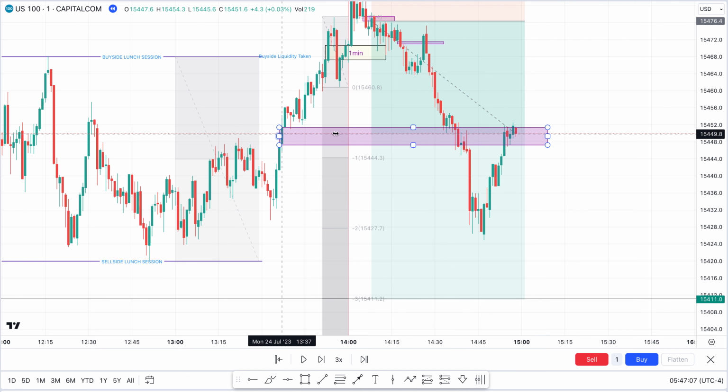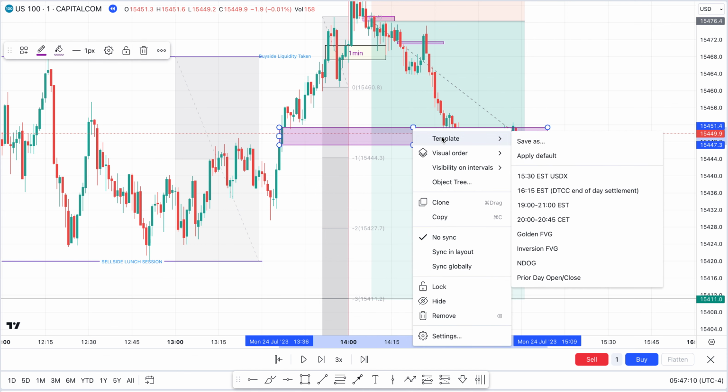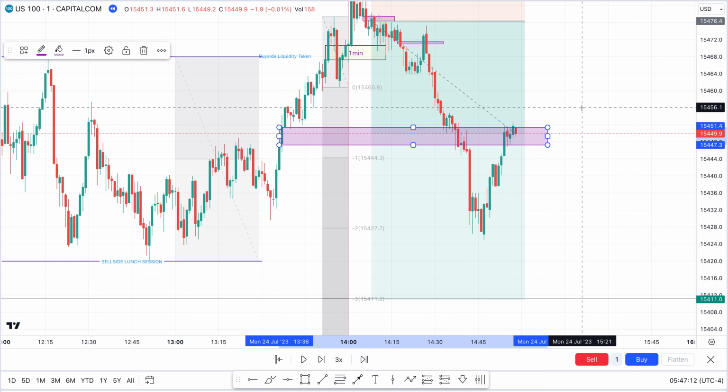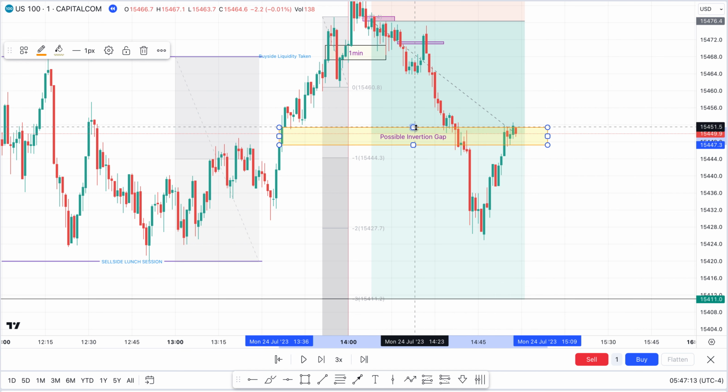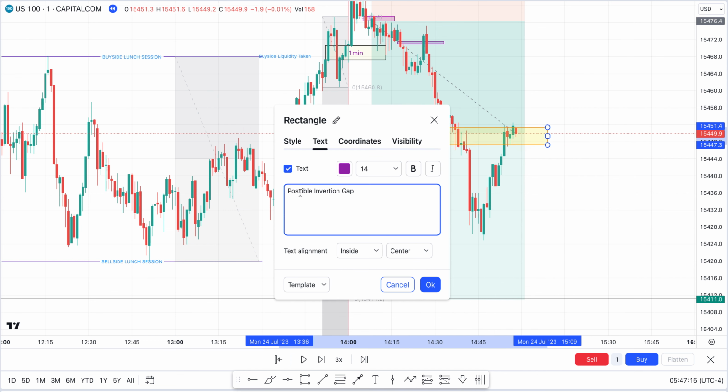So right now, inversion fair value gap, 1 minute. Possible inversion fair value gap.